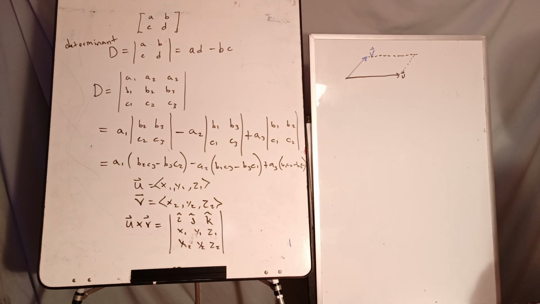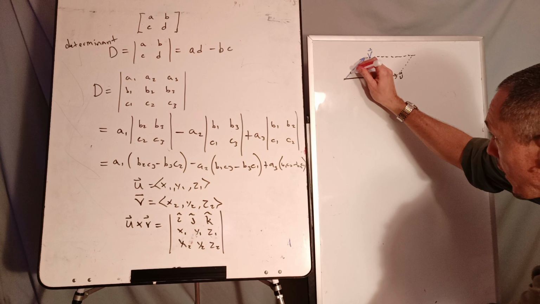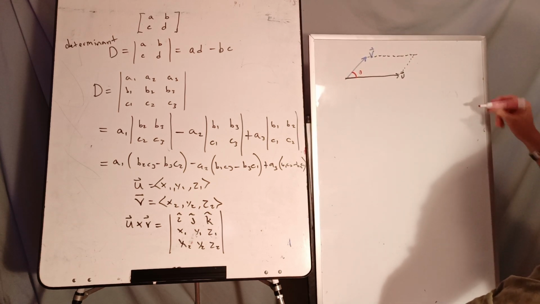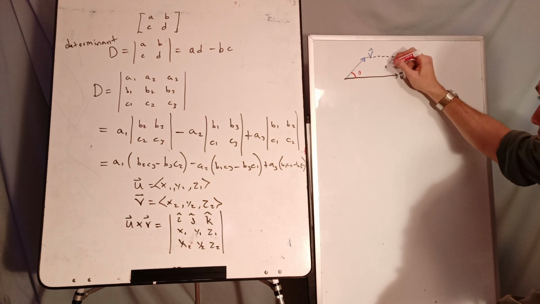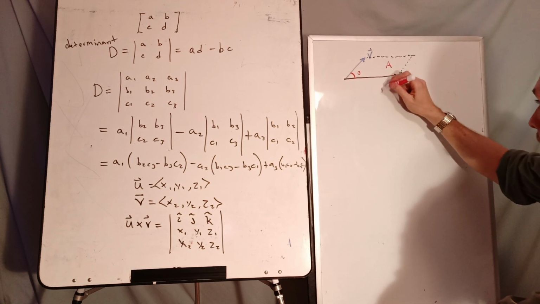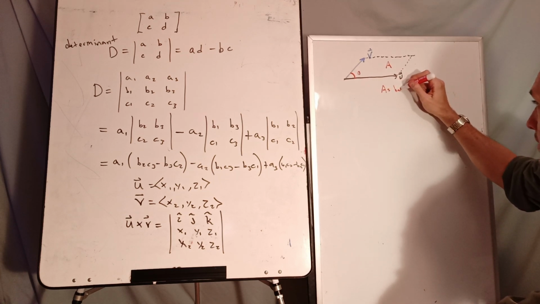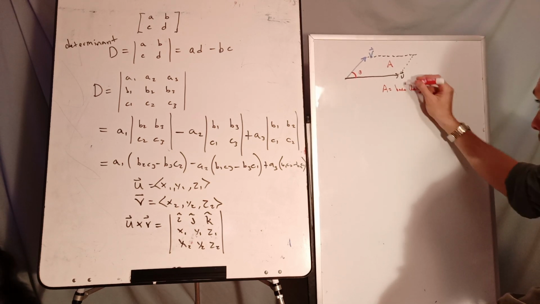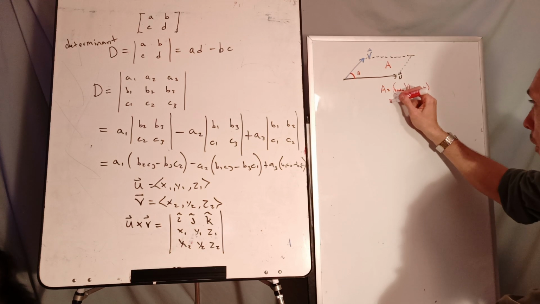Now, as some of you might remember, that's related to the angle theta, the angle between them. So the area, if I want to just call that A of this parallelogram, is going to be equal to the base times the height. Okay, well, the base is easy.